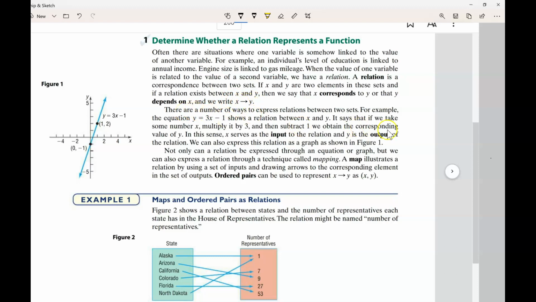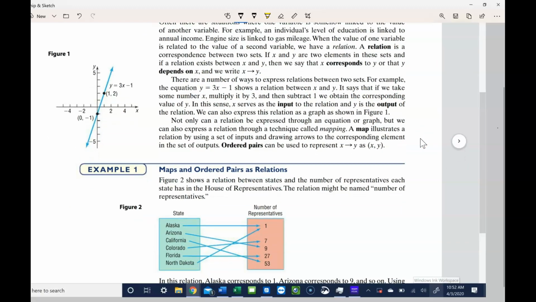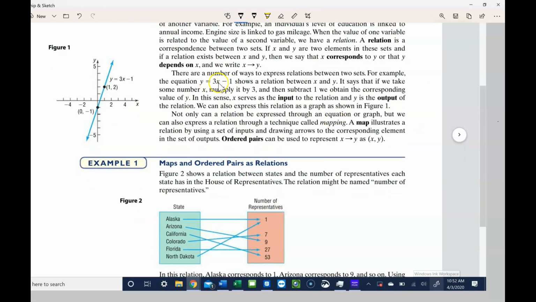There are a number of ways to express relations between two sets. For example, y equals 3x minus 1. That's a relationship. Y depends on x. X and y correspond to each other in some mathematical way. So for that particular case, kind of like what we just saw, x serves as the input to the relation and y is the output of the relation.